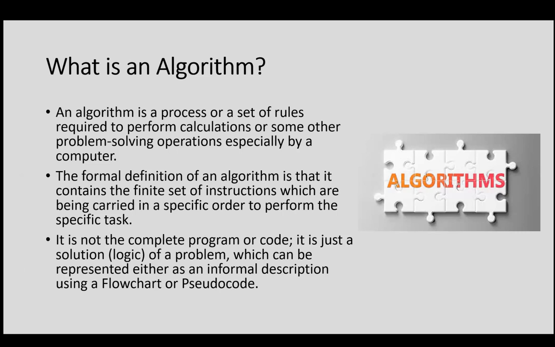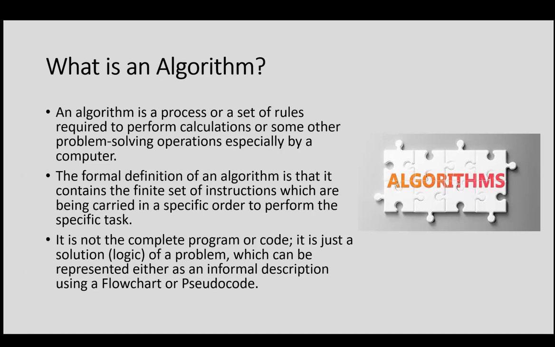For example, solving the Rubik's cube. You all might know what the Rubik's cube is. They say that to solve the Rubik's cube, you need to know certain algorithms. What do we mean by algorithms there? Nothing but each step which you need to follow to reach a goal.